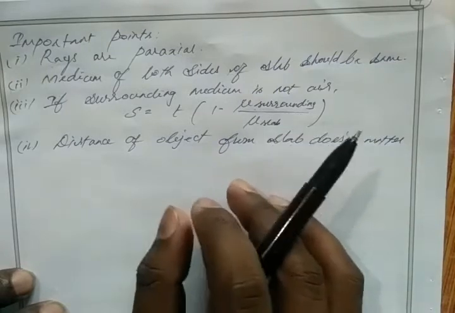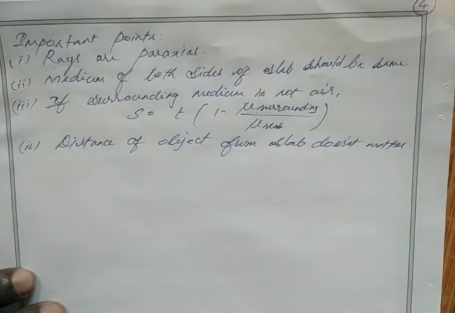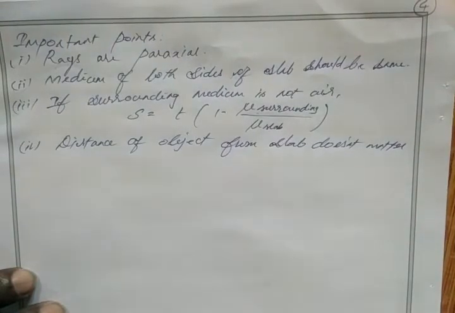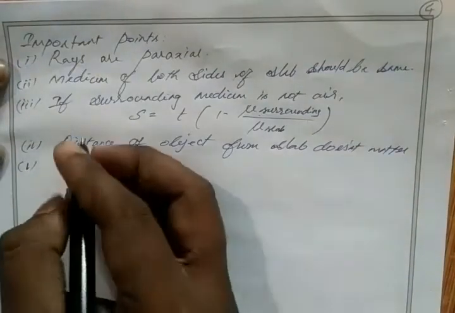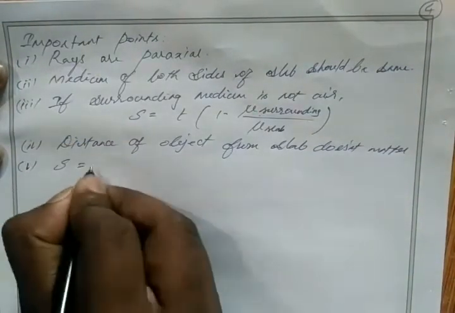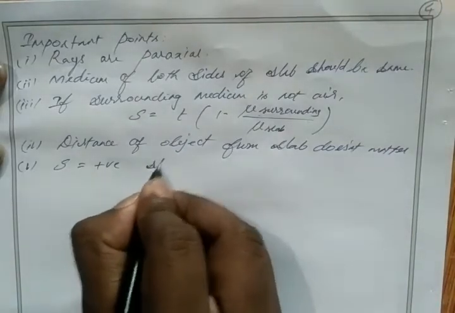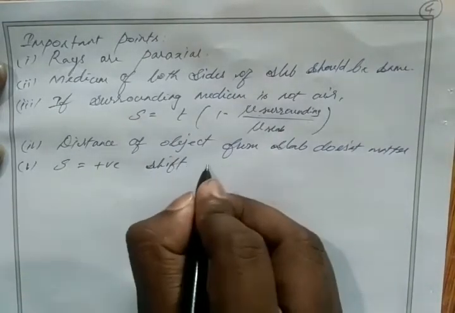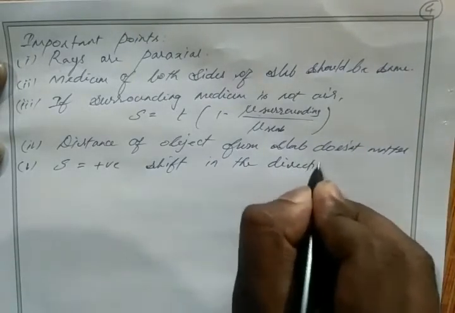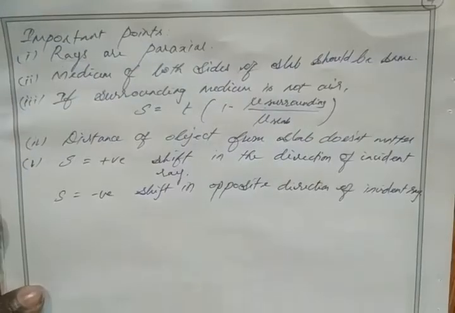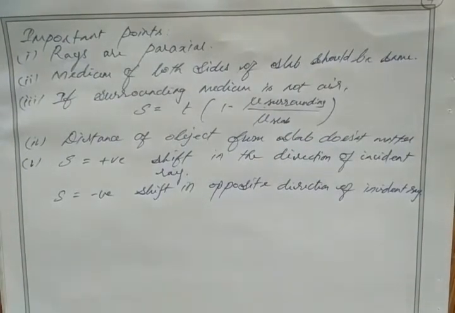So wherever it is placed, no problem, we will get the same result. Then the fifth point: if the shift value is positive, then the shift is in the direction of the incident ray. If the S value is negative, then the shift is in the opposite direction of the incident ray.